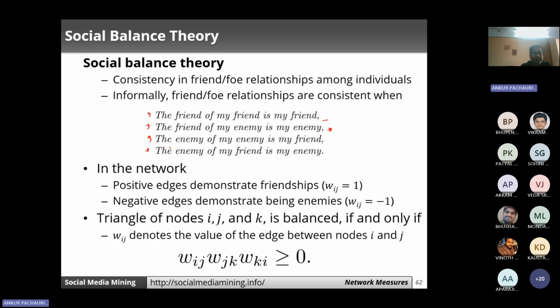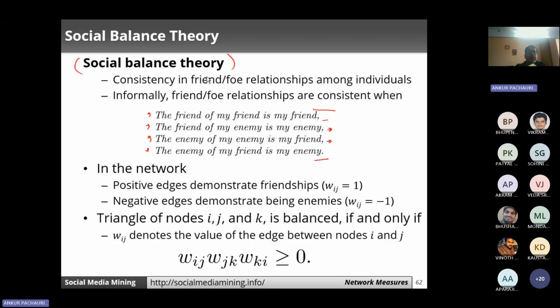That's also a valid one. Enemy of my enemy is my friend. That also holds. And enemy of my friend is my enemy. So if all 4 rules hold in social networking, then the relationship will be consistent.